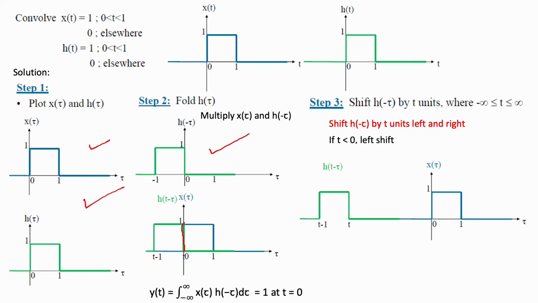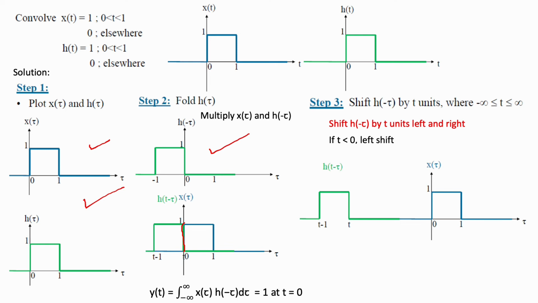Now we come to step 3. Shift h of minus tau by t units, either right shift or left shift. Left shift means t is negative value, right shift means t is positive value. First we have to do left shift. Look at the waveform.